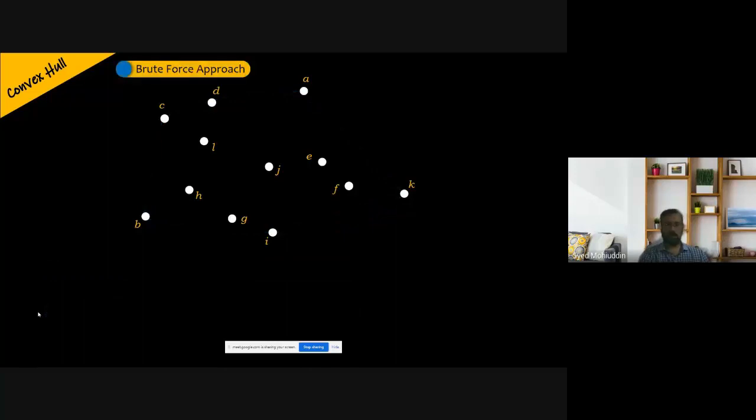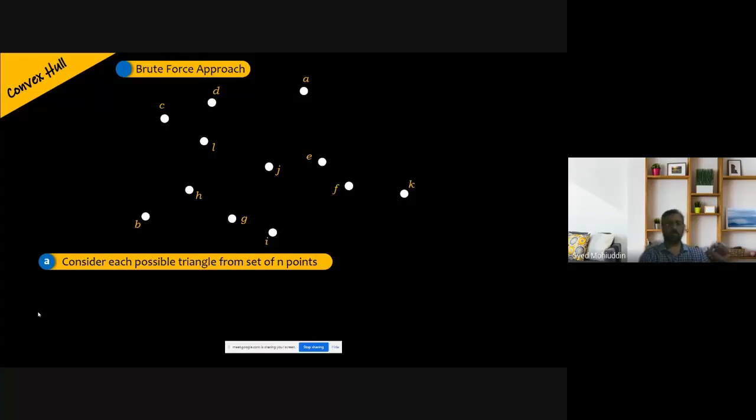Now, to apply a brute force approach, we consider triangles. And triangles means obviously from among the set of n points, we have to take 3 points and join those 3 points. We know it becomes a triangle. So let us look at these three. We can start from any. This is a brute force approach.